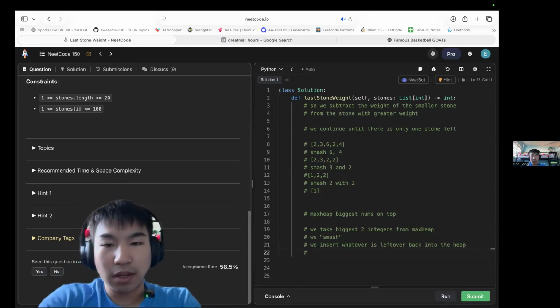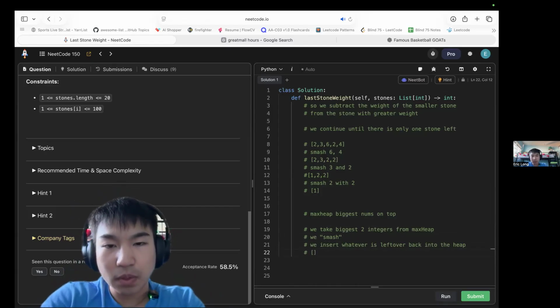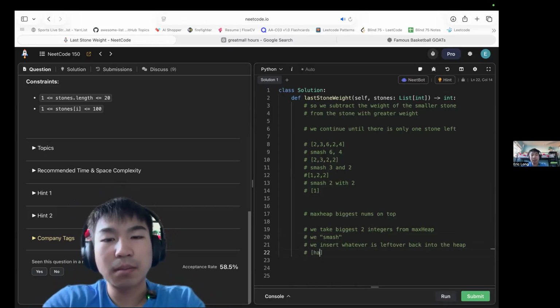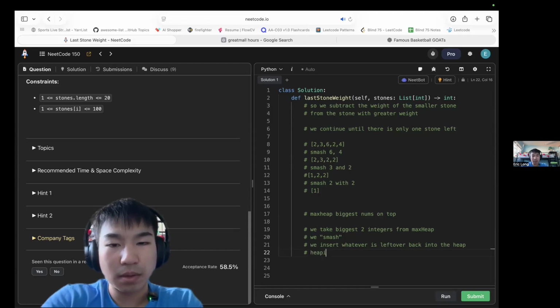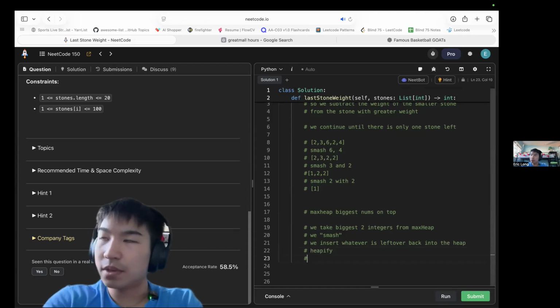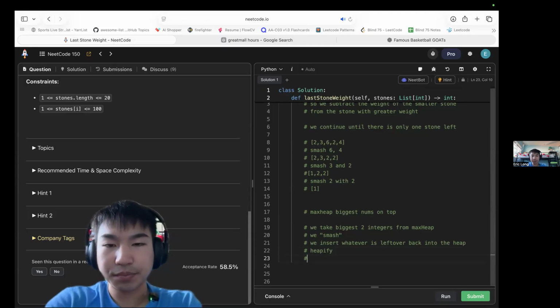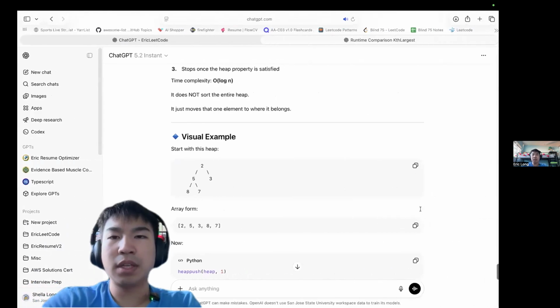What were the heap commands again? I know one of them was we're going to have to use heapify. We're going to have to use heap pop. Is that even right?